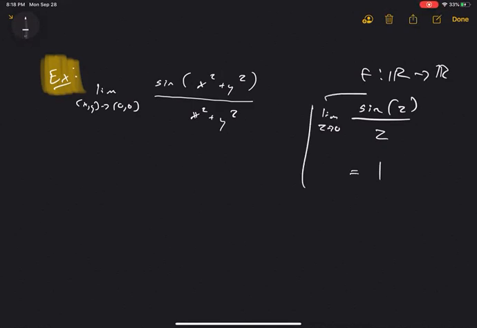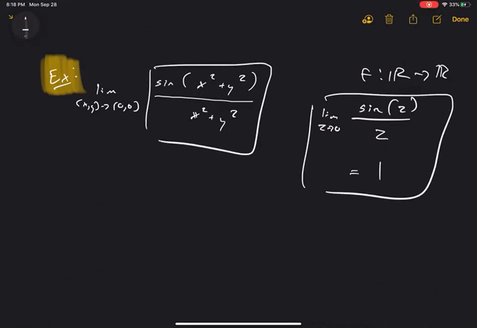Okay. And really, that's the exact same as what we have going on over here. If we call this stuff z, then we've got sine of z over z. As x and y go to 0, if x and y are both getting closer and closer to 0, then their sum has to be getting closer and closer to 0, right?